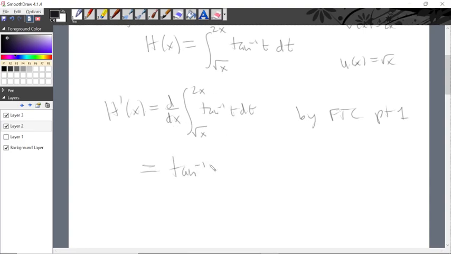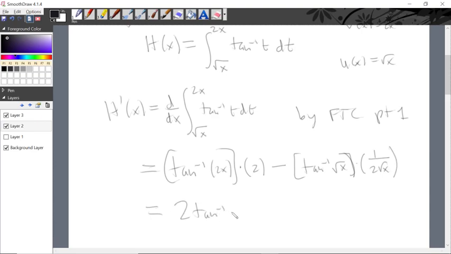So we get the arctangent of 2x, and then we multiply by the derivative of that bound, so times 2. And then minus, plug in the lower bound. So plugging in the lower bound, we have the arctangent of the square root of x, and then times the derivative of that lower bound with respect to x. That's going to give us 1 over 2 root x.